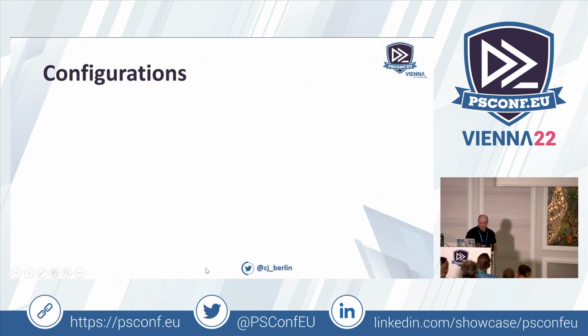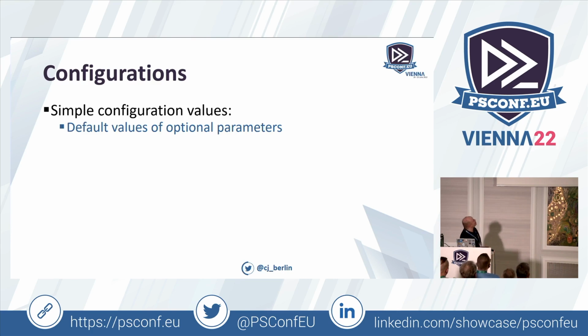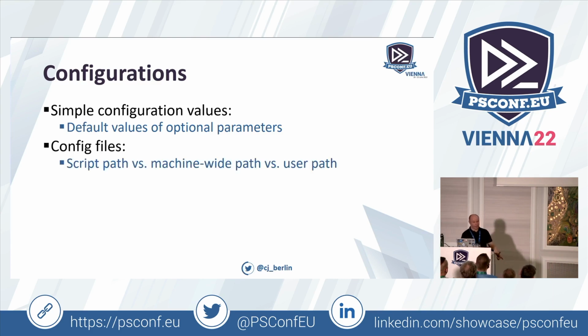So, what else may we need to pass to our scripts in terms of dependencies? Configurations. Simple configuration values you can just pass as default values of optional parameters. Where's the value in that? You can change them at execution, you can change them at debugging.